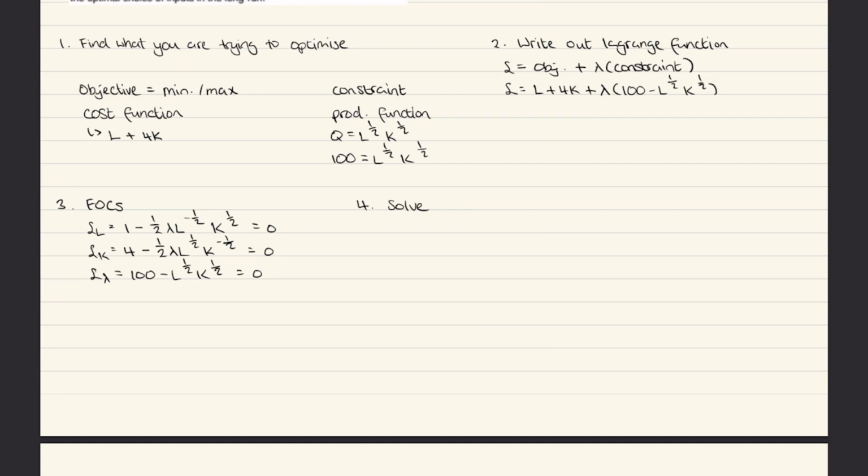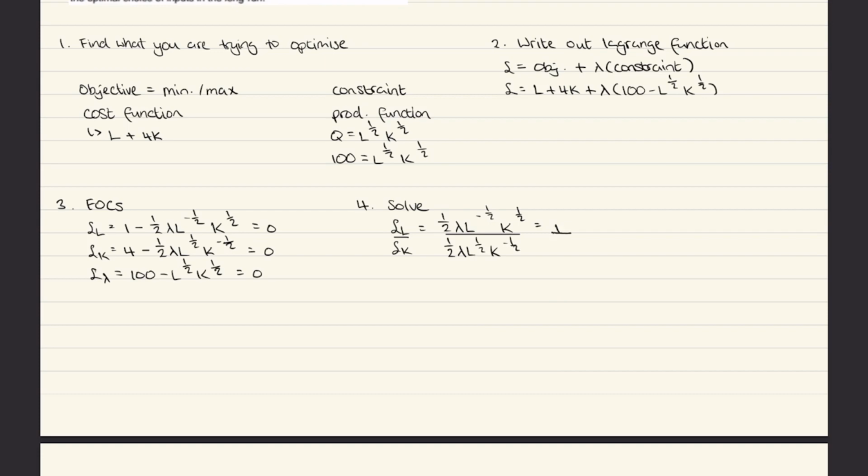And what we can do is do the Lagrangian of L divided by the Lagrangian of K. Essentially what this does is it eliminates the lambdas, so then we can find the ratio between L and K. So what we get is a half lambda L to the minus a half K to the half equals 1, all over a half lambda L to the half K to the minus a half equals 4.